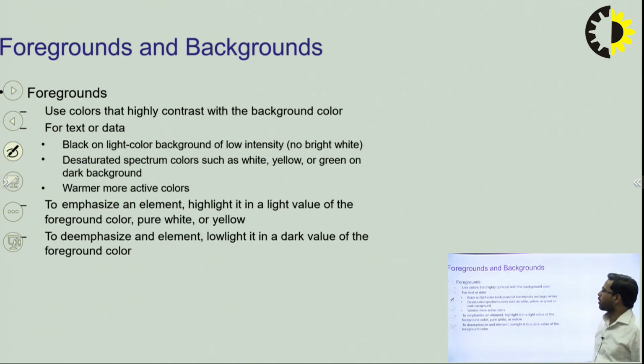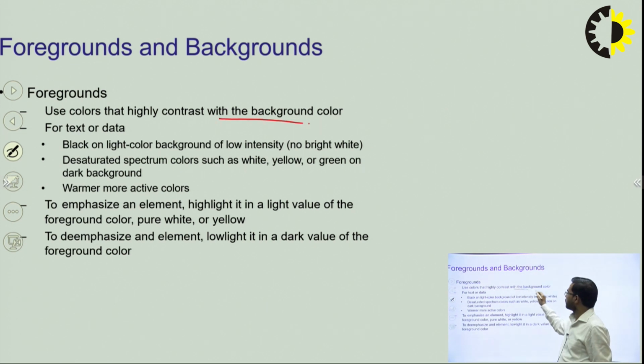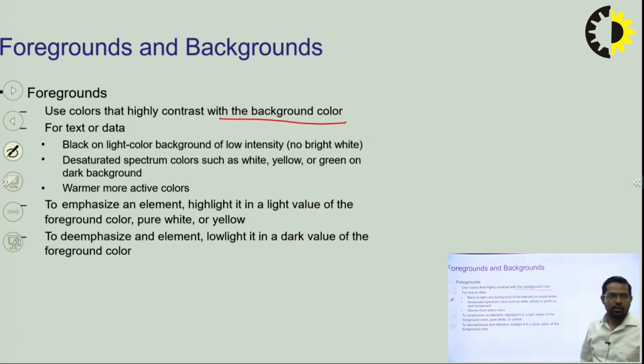What are foreground and background colors? We already know that the foreground should use colors that highly contrast with the background color. For text or data, use black on a light color background of low intensity, no bright white. Second, use desaturated spectrum colors such as white, yellow, green on a dark background, and warmer, more active colors.